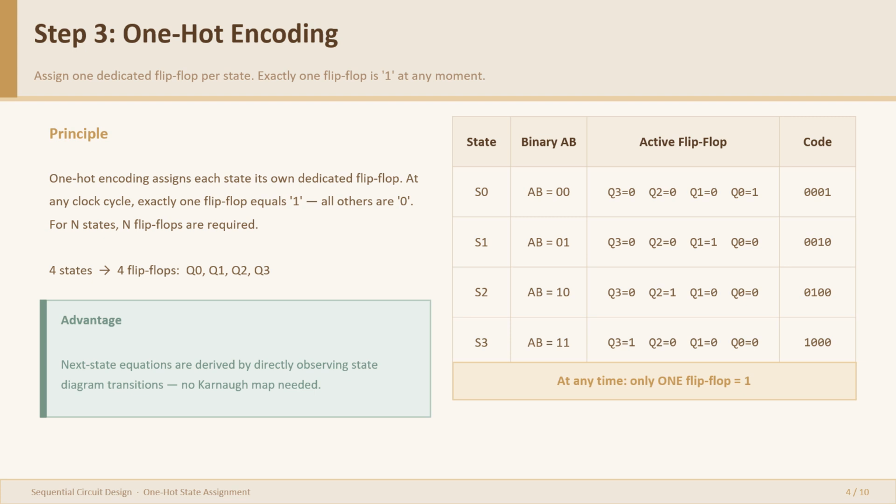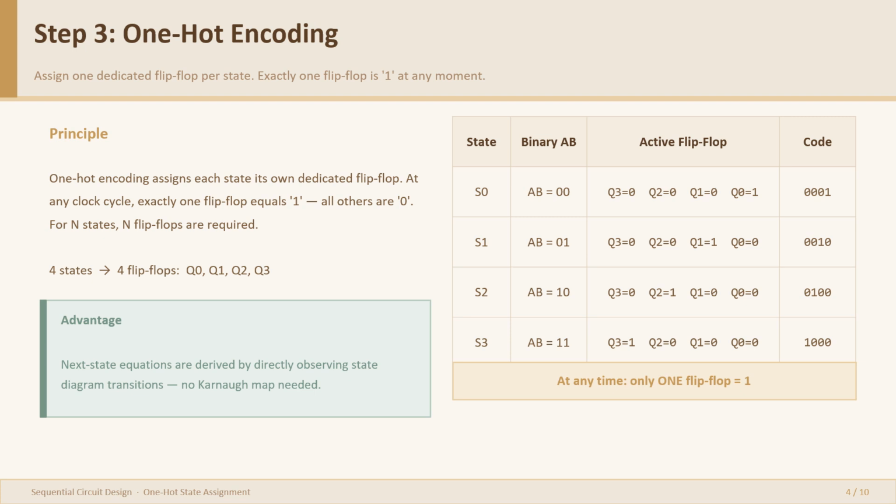Whichever flip-flop is currently holding a 1 tells you which state the circuit is in. The assignments are: state S0 corresponds to Q0 equals 1, and Q1, Q2, Q3 all equal 0. The one-hot code is 0001.